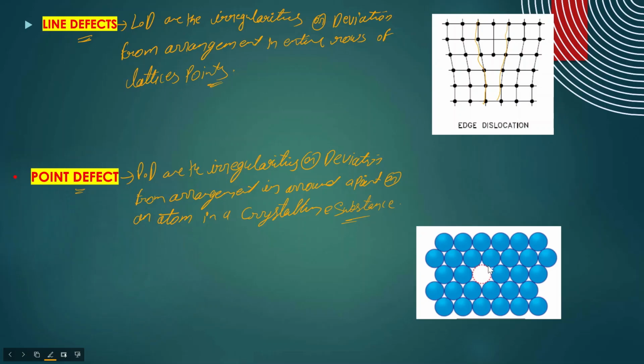In point defect, we see the arrangement around the point in a crystalline substance.